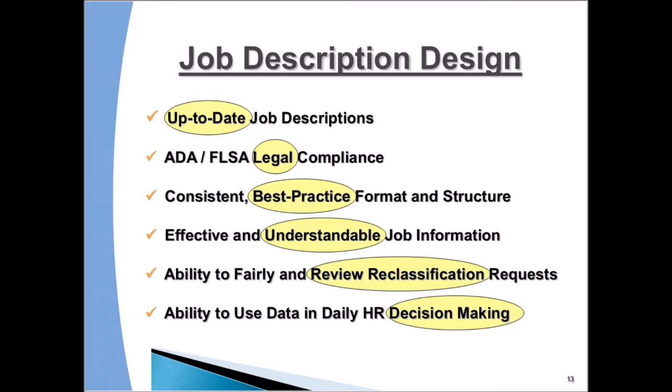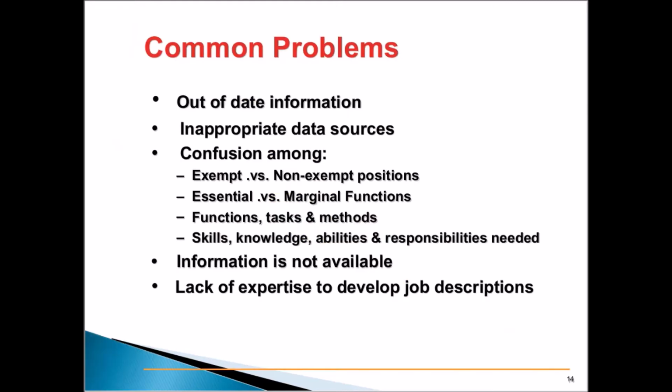So those are some important elements of thinking about your job description design. But let's take a look at some common problems that we definitely see happening. So information is out of date. We get that a lot. I have been called upon in a consultant role to work with many districts when they get an unhappy applicant who doesn't get a job, particularly in district seniority bypass, and it goes up into a grievance or beyond into a legal process.